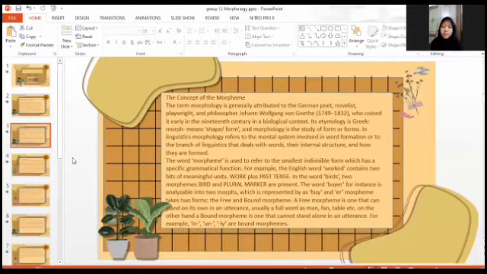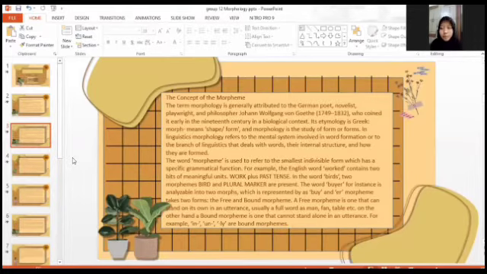Morph means shape or form, and morphology is the study of form or forms. In linguistics, morphology refers to the mental system involved in word formation or to the branch of linguistics that deals with words, their internal structure, and how they are formed.